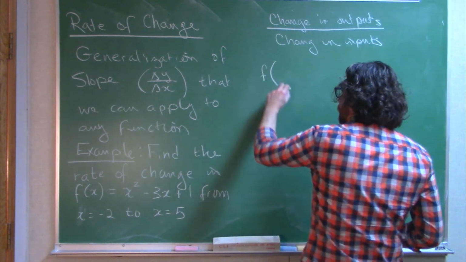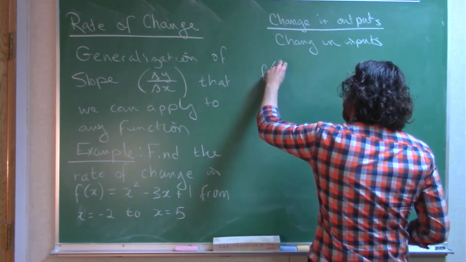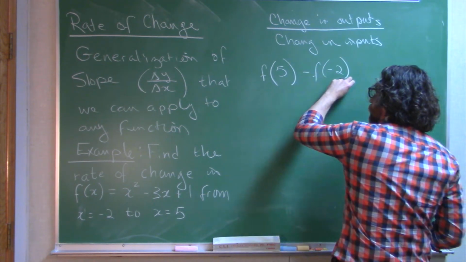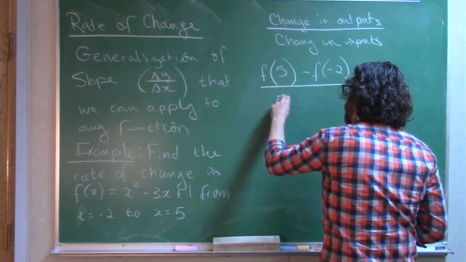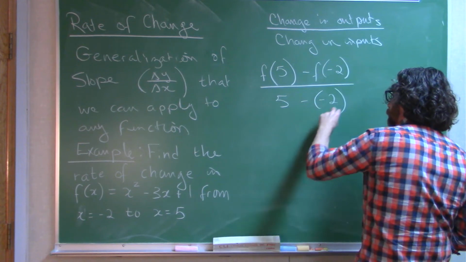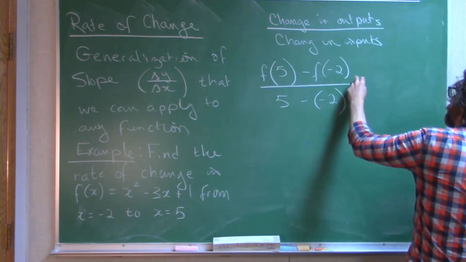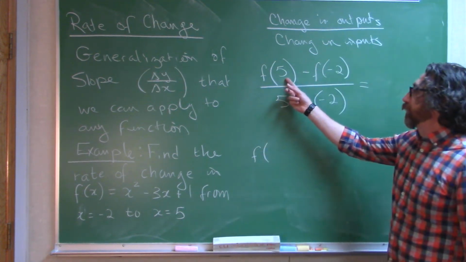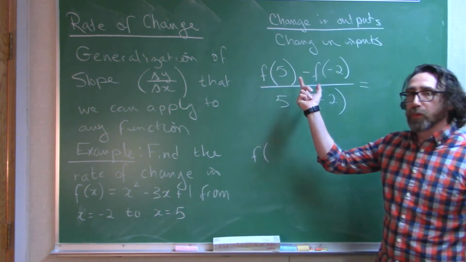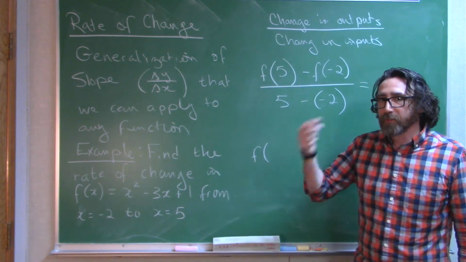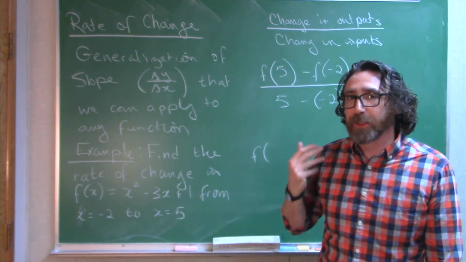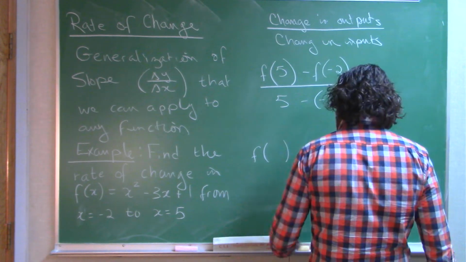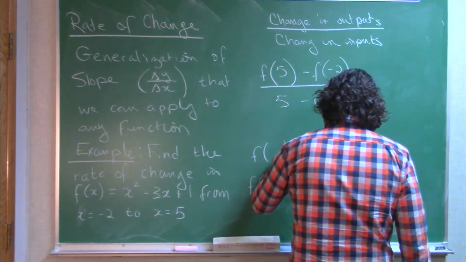Okay? So in other words, here's what we're going to need to do. We're going to need to do f of 5 minus f of -2 over 5 minus -2. I'm going to do some scratch work right over here. I'm supposed to do f of 5 minus f of -2. Well, before I can do that, I need to figure out what f of 5 actually is. And I need to figure out what f of -2 actually is.